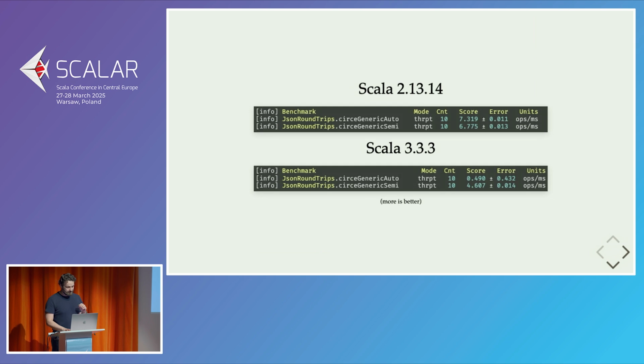The other reason is the benchmarks. When you run the benchmarks of how this code works, remember, a single round trip: encode JSON, decode JSON. On Scala 2.13, due to optimizations, you see the difference is not that much. The throughput is somewhere in the same order of magnitude. But on Scala 3, something interesting is happening, because automatic derivation with Circe is 10 times slower.